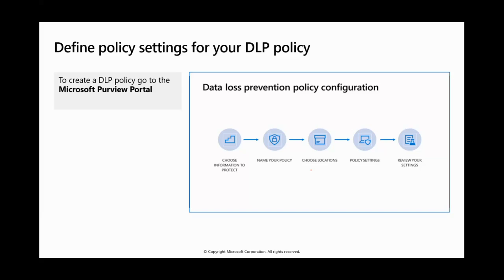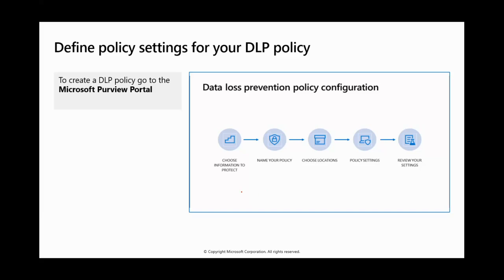Now we're going to choose the conditions. These are the conditions that must be matched for a policy to be applied to an item. We can accept pre-configured conditions, or also we can define our own custom conditions.